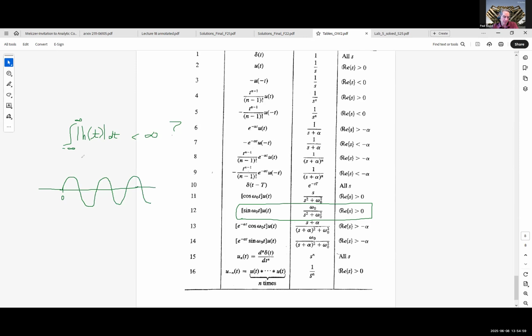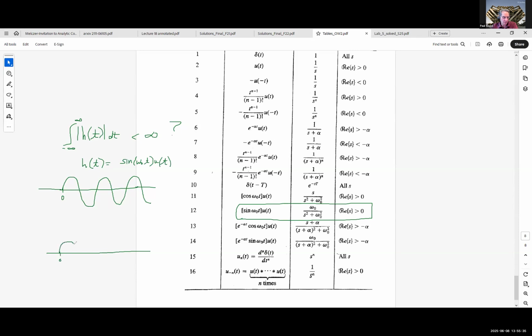So if that happens to be my h of t, let's just use the form that we had in this formula here, sine of omega t, because in our answer we had a scale factor just because of the form of the transfer function. But in general, it would be sine of omega naught t times u of t. Now, if I try to integrate the magnitude of that, it's going to rectify that signal.